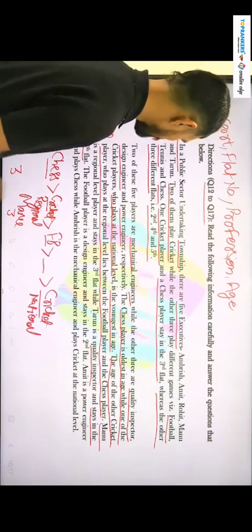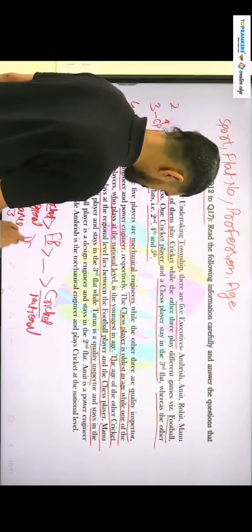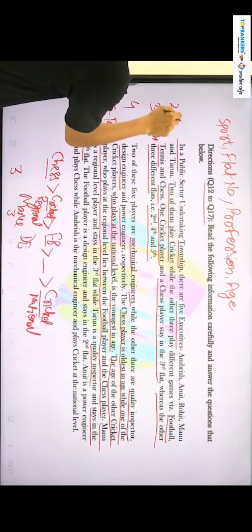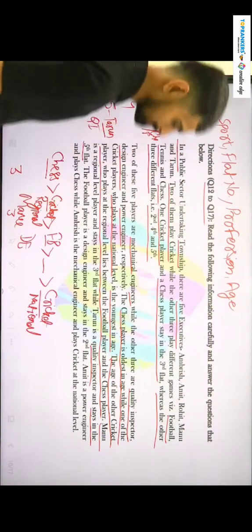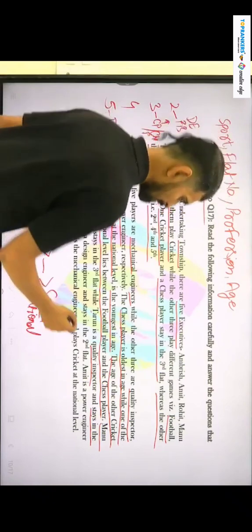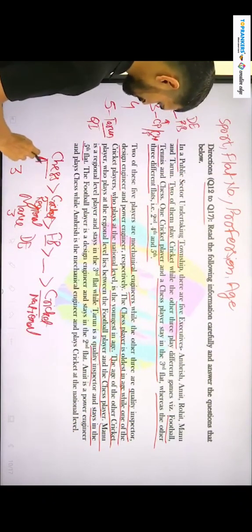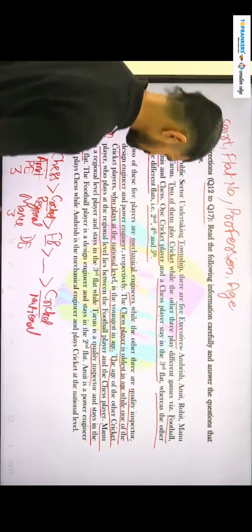Other than these, the football player is design engineer and stays in second flat. So football player, design engineer, flat number two. Fine. Amit is power engineer and plays chess. So Amit, power engineer, playing chess.